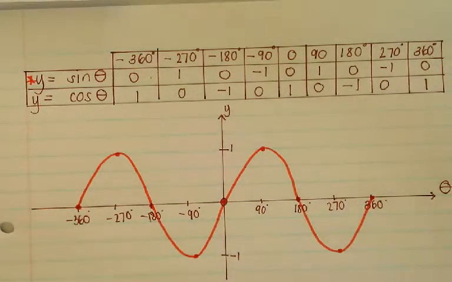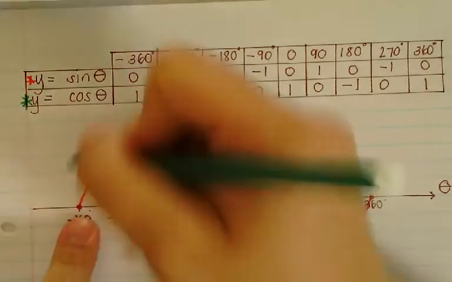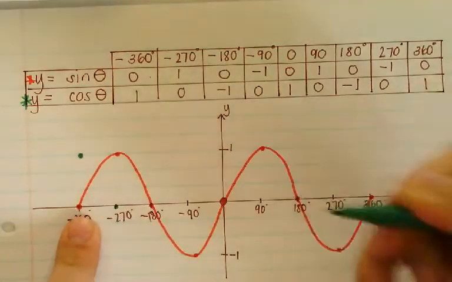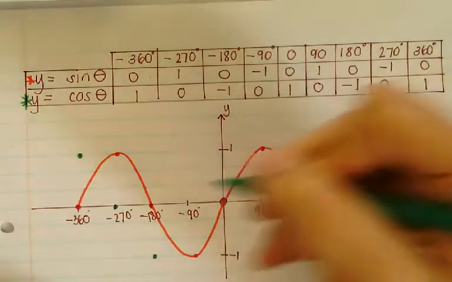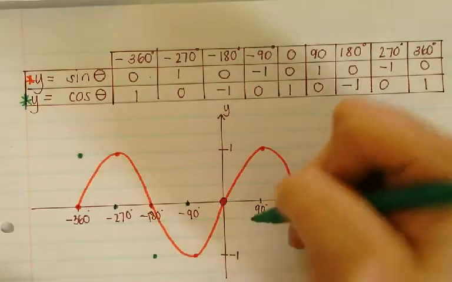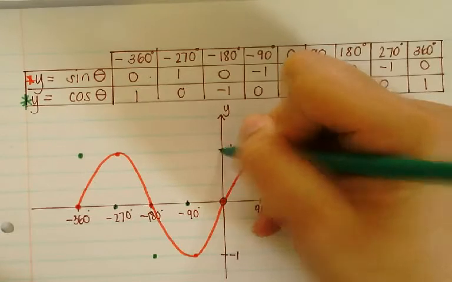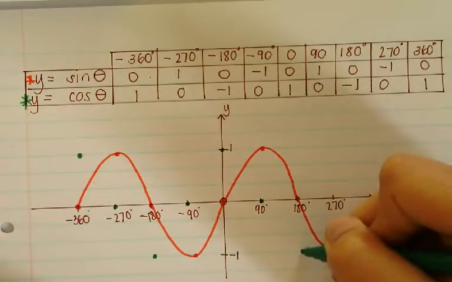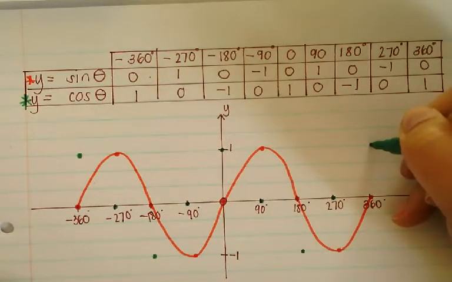Choosing a different color for my cos graph. 360 was 1. 270 was 0. 180 was minus 1. Minus 90 was 0, so 0 for x and 1 for y. 90 and 0. 180 and minus 1. 270 and 0, and 360 and 1.